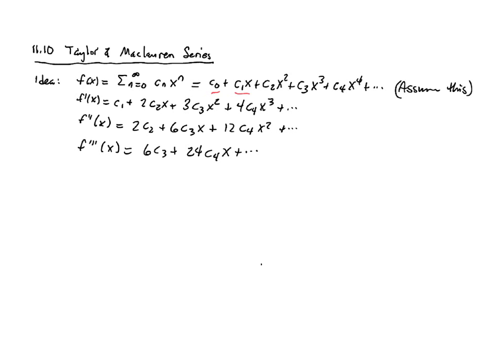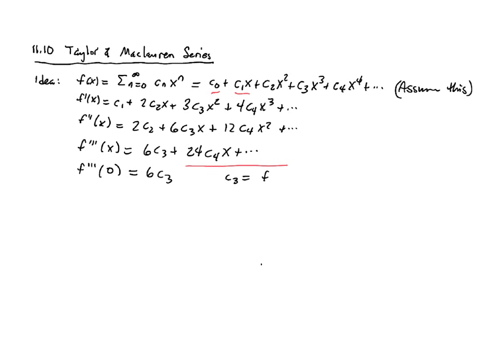Right, so I have that the third derivative is 6 times c3 plus 24 c4x, and so on. And when I plug in x equals 0, I just get 6c3, because all these other terms have an x in them, so when I plug in x equals 0, they disappear.